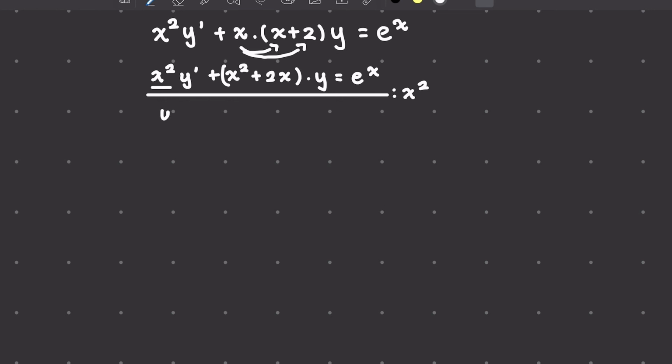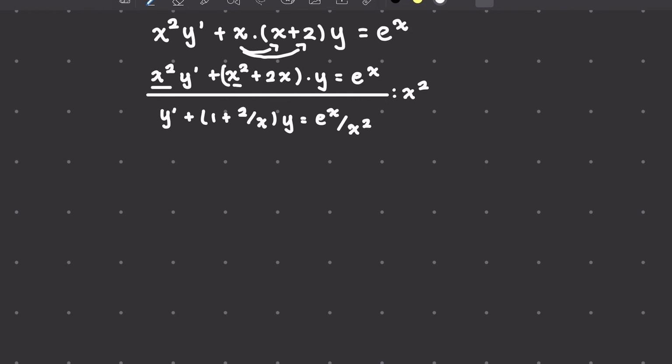And so this will give us x squared divided by x squared, which will just be 1, plus 2 over x times y equals e to the x over x squared. After this step, we're good to go.